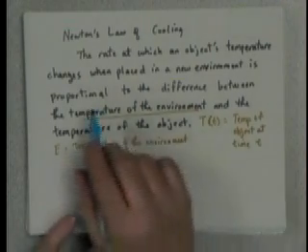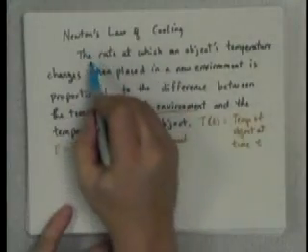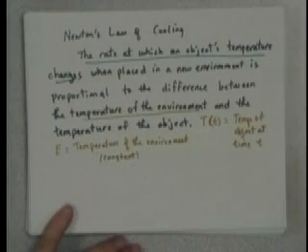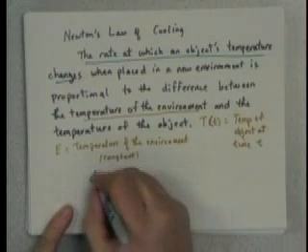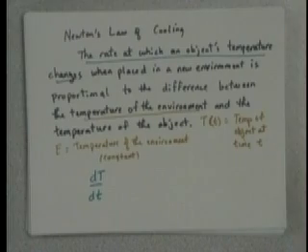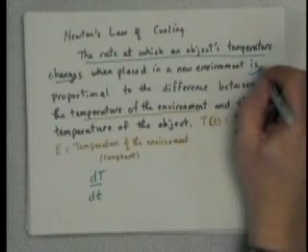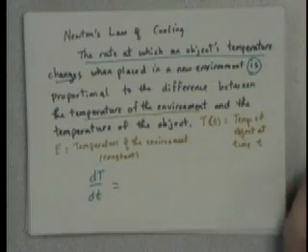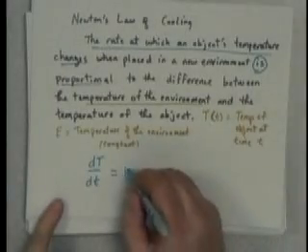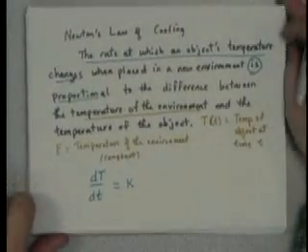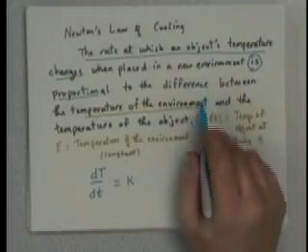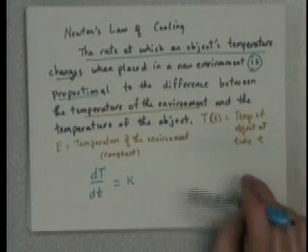So how can I write this differential equation? The rate at which an object's temperature changes, what am I going to use for that? Derivative. So d capital T with respect to lowercase t is proportional, which means I'm going to have some constant. We'll use K. And difference means what?